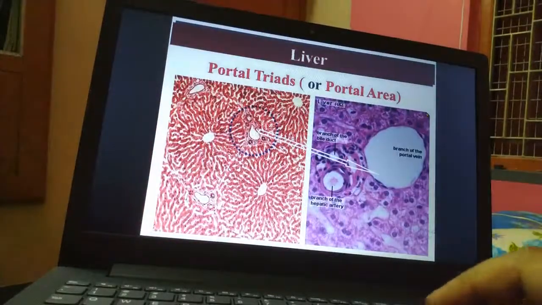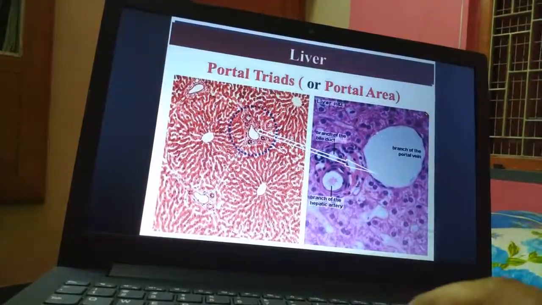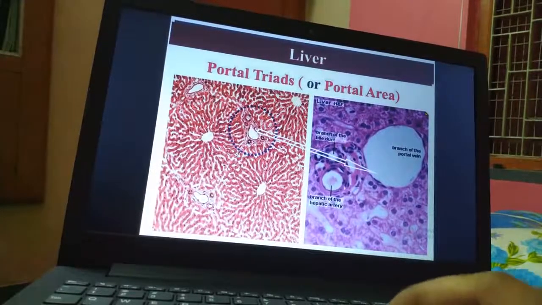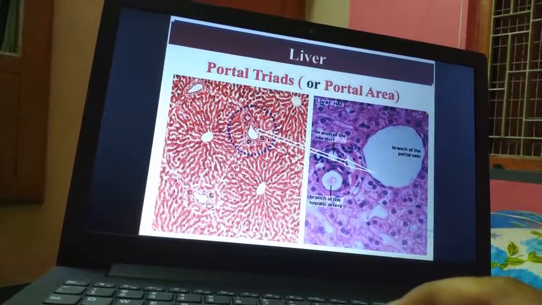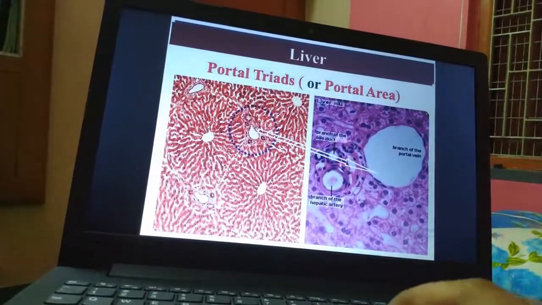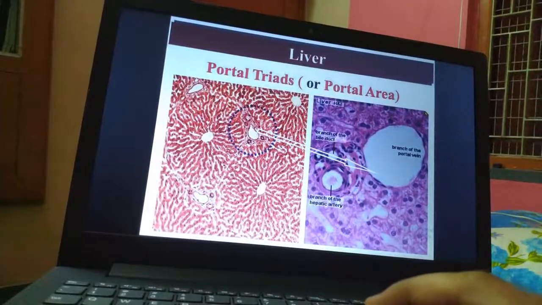So in this particular area, this is the central vein, and here is called the portal triad. In this figure you will see the branch of the hepatic artery, then the bile duct, and here the branch of the portal vein.